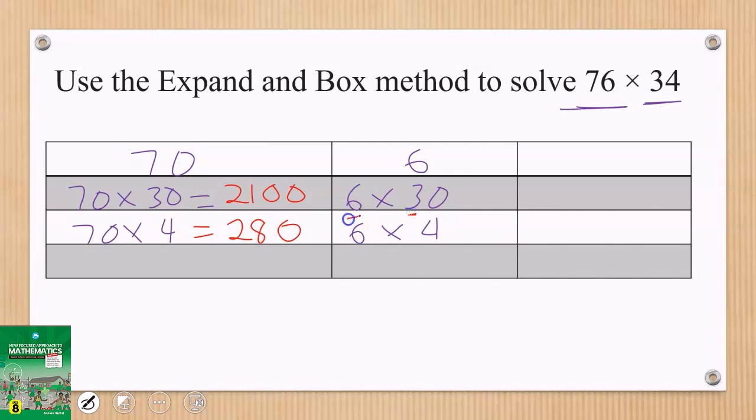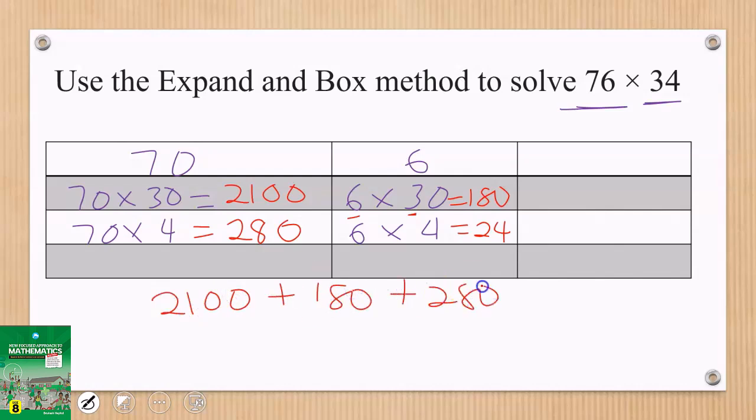Here 3 times 6 is 18. We attach only 1 zero. And 6 times 4 is 24. When we bring all the sums together, we have 2100 plus 280 plus 180 plus 24.